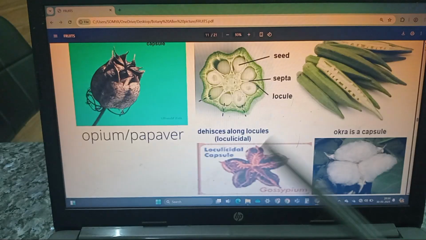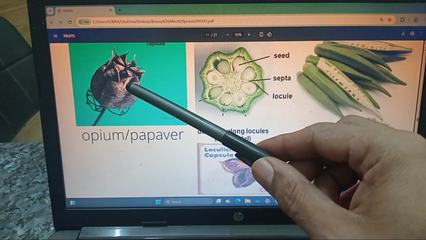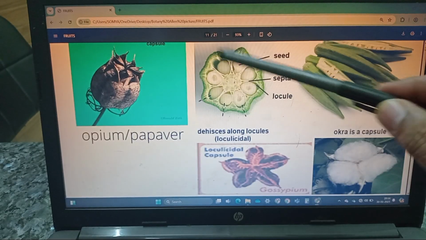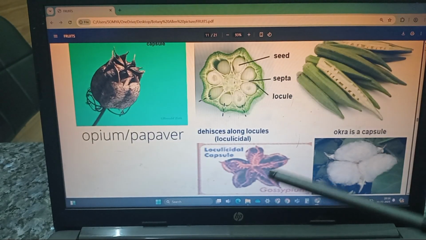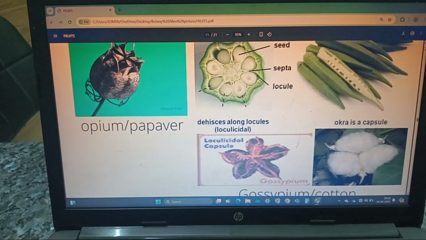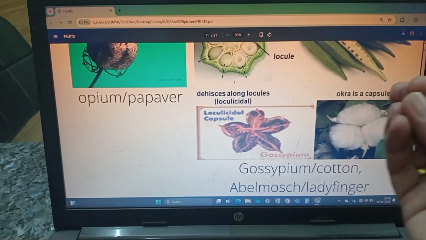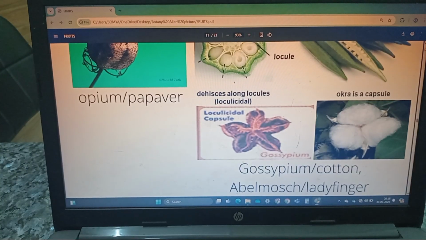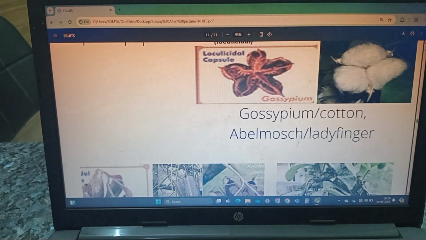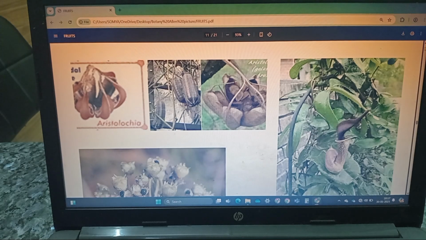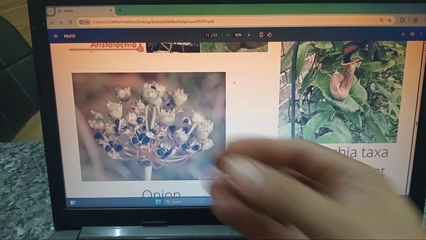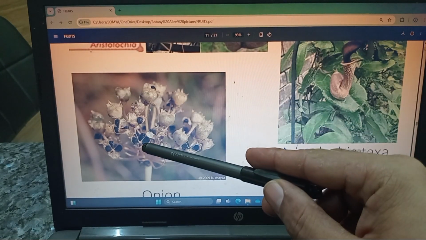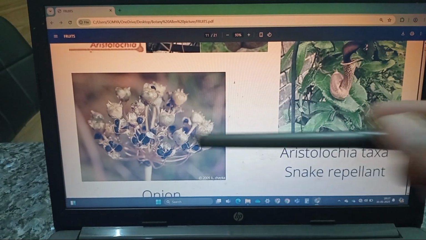You see this bhindi, and this is the opium, it's a capsule. The okra, all this will open up, and the cotton is showing like it's opening up and there are seeds in it. This is a capsule. When you see the onion, there also the seeds open up. So here also it is a capsule.